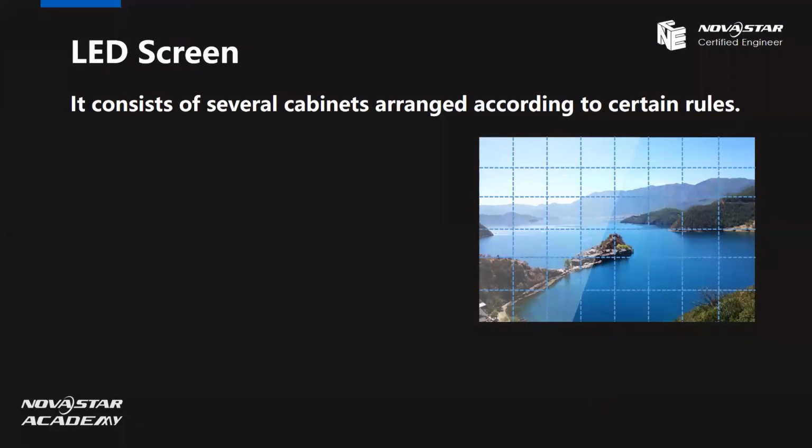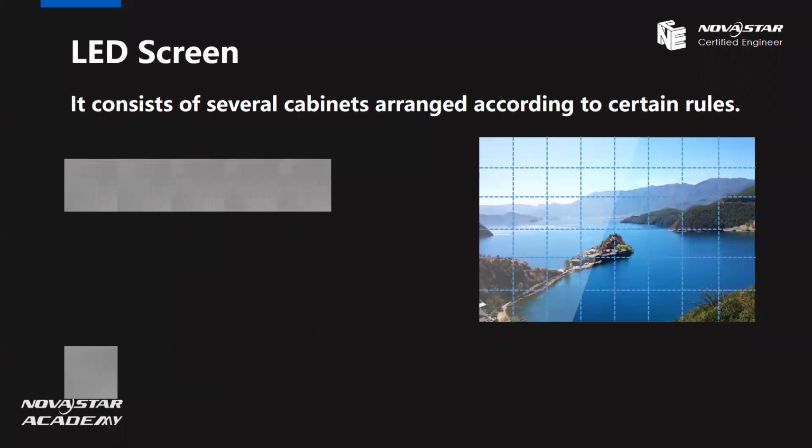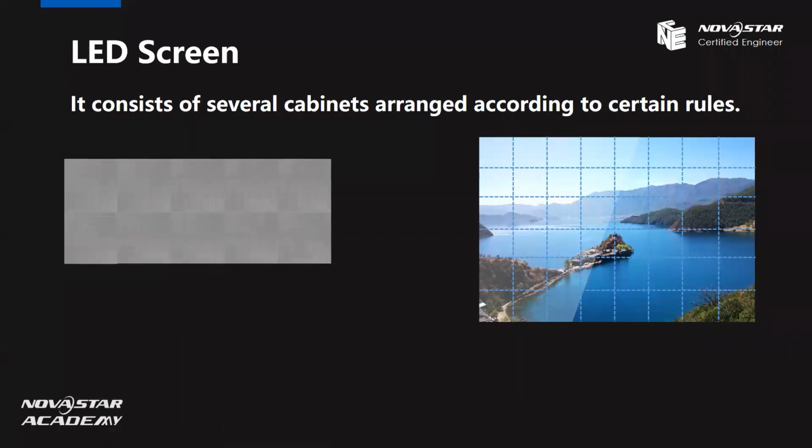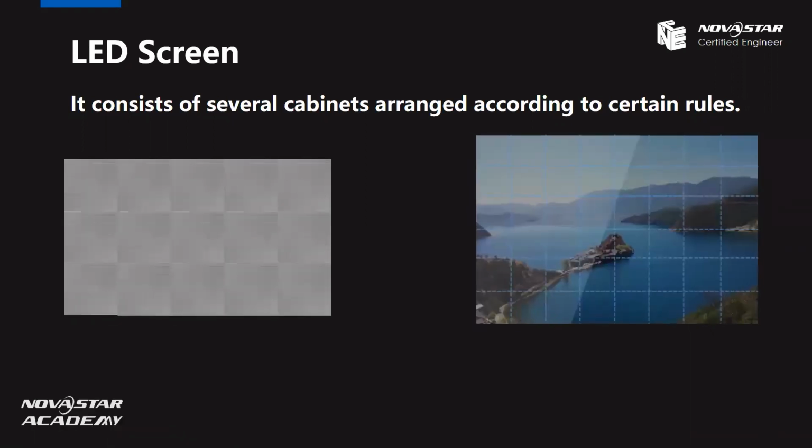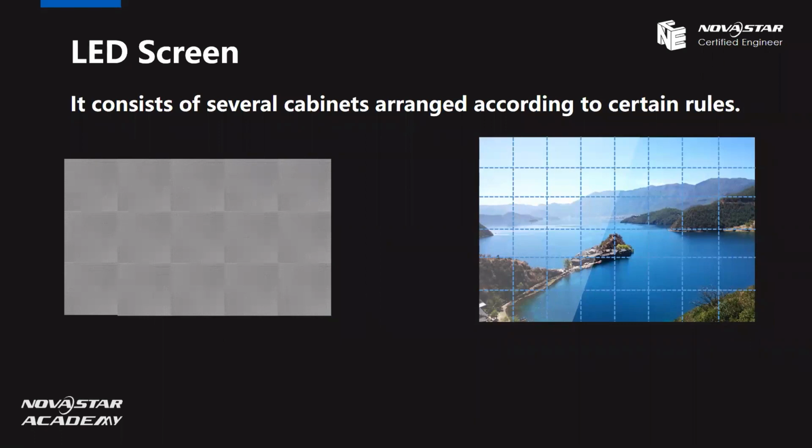Now, after the LED cabinets are ready, we need to build up an LED screen. As the picture shows, the LED screen consists of several LED cabinets arranged in certain rows.